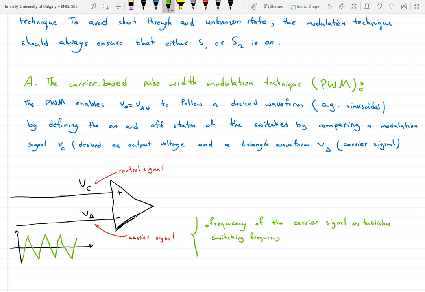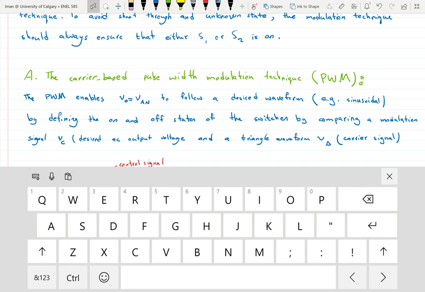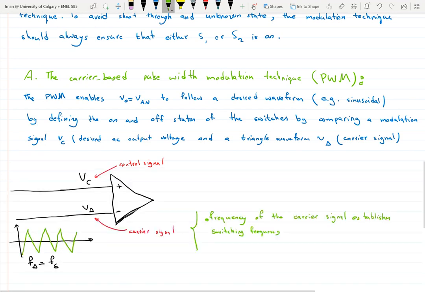So whatever f of delta I have, that equals my f of s, right? This is the switching frequency. And this is the carrier frequency, they're equal.